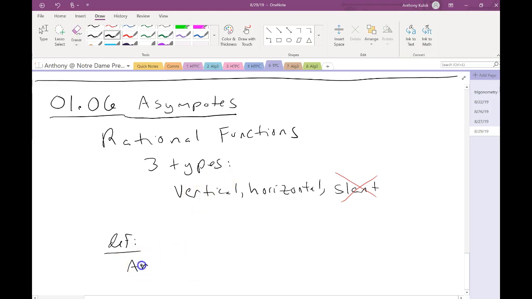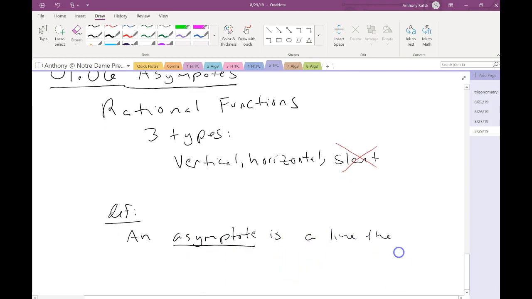I should say an asymptote is a line the graph approaches, but does not cross.